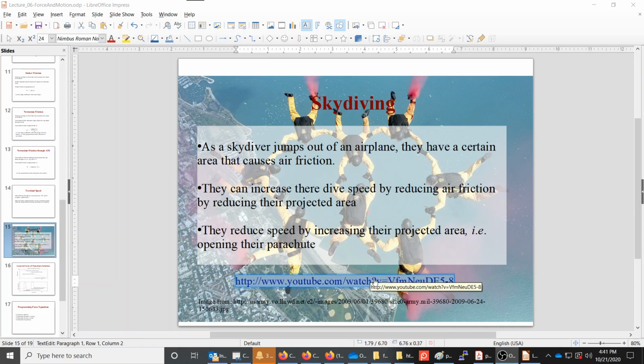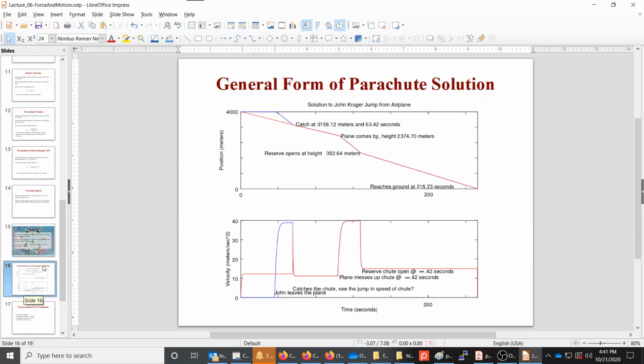Like I say, there's the link, and you can watch the full clip yourself. But what we want to do is simulate this. What we have down here is the velocity, and this is what your plot is supposed to look like when you're done.